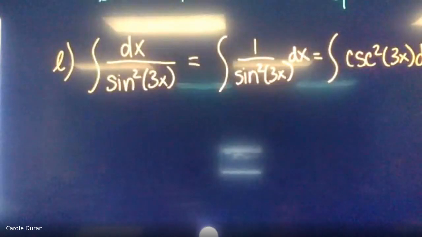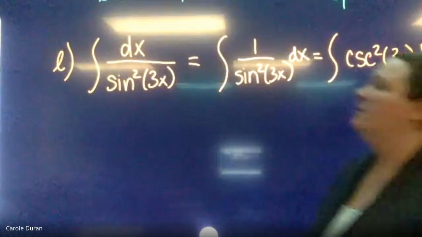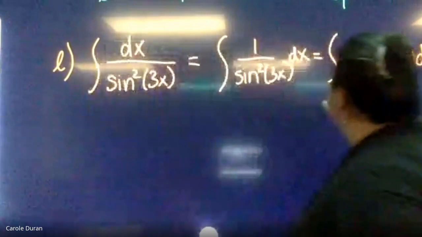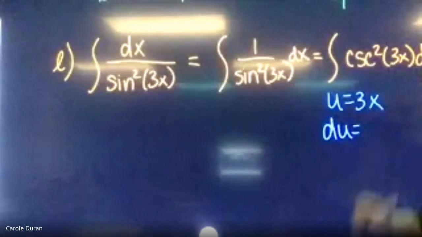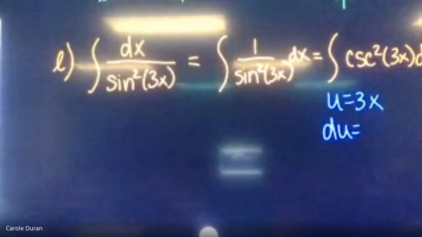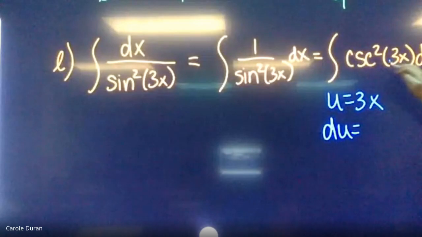So because I have something inside that is not just an x, I still have to use u substitution, but this time I only have to worry about chain rule once. So I still have to recognize my inside function is 3x, which means that my outside function is what? Or not my outside function, the derivative of the inside function. How is that the inside function? Because it's inside of my trig function.